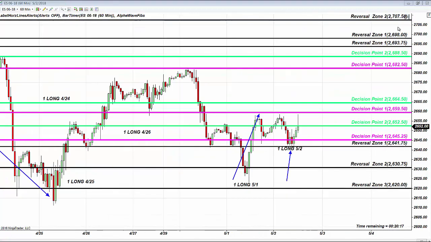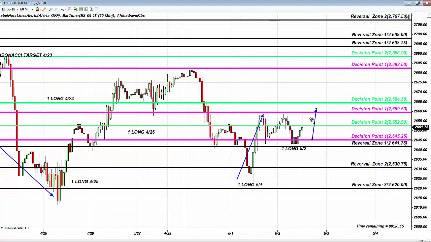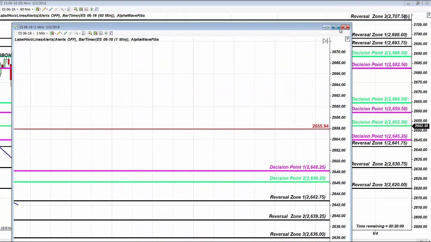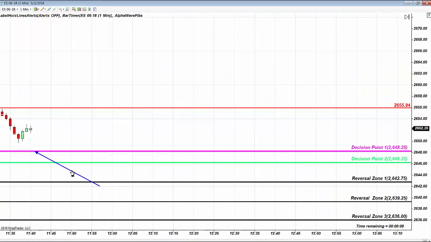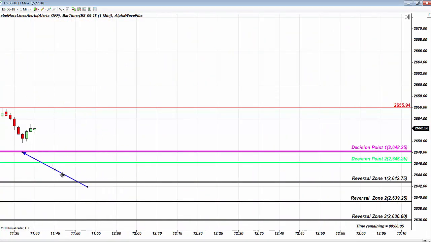Price collapsed from this resistance. What is the problem with this collapse? This support to the downside. If in the next few minutes this support is not out, this pullback remains extremely weak. A knowledgeable trader knows how crucial the next few minutes are.